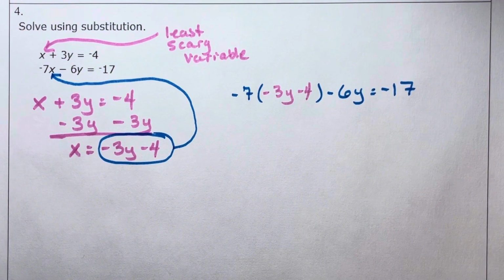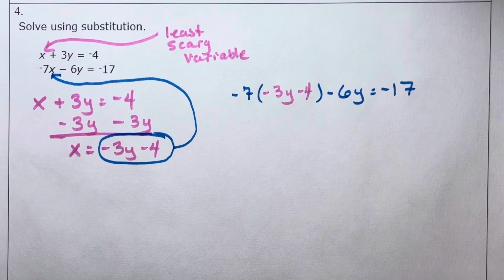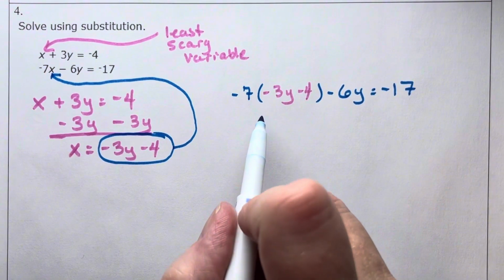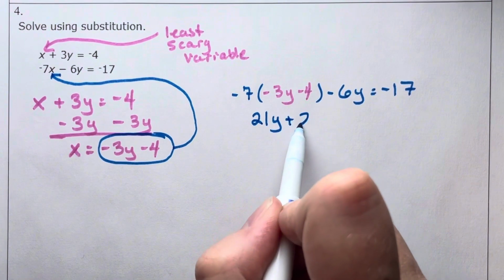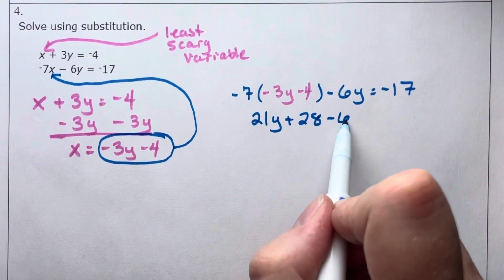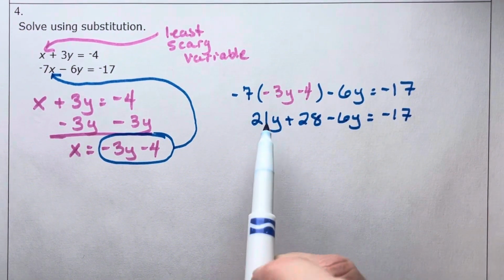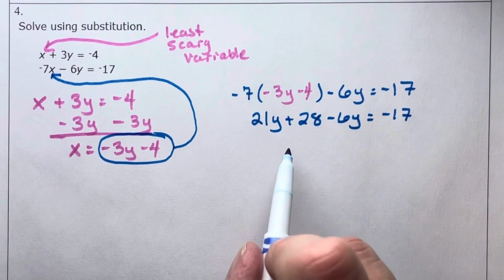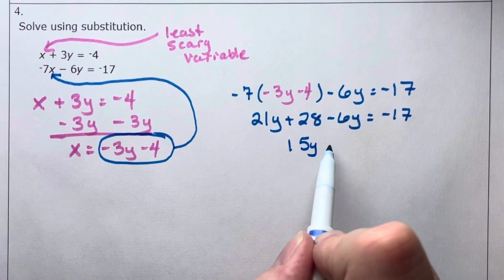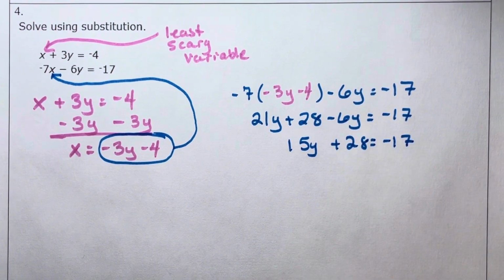Okay, let's begin the process of solving for y. We're going to distribute the -7 through the parentheses so that we have +21y plus 28 minus 6y equals -17. We're going to combine like terms. 21y minus 6y gives us 15y plus 28 equals -17.